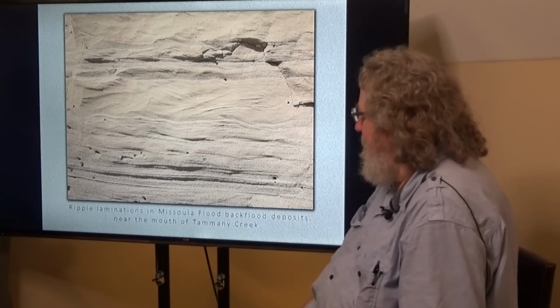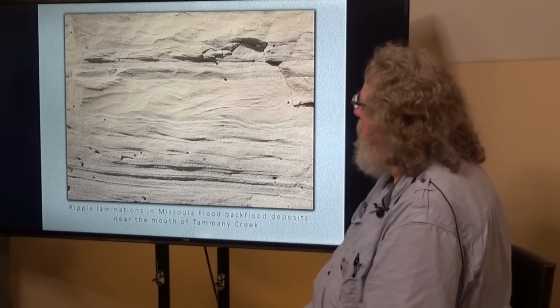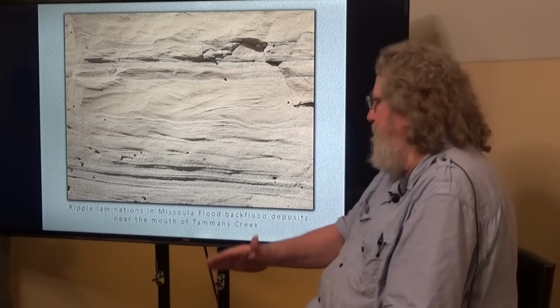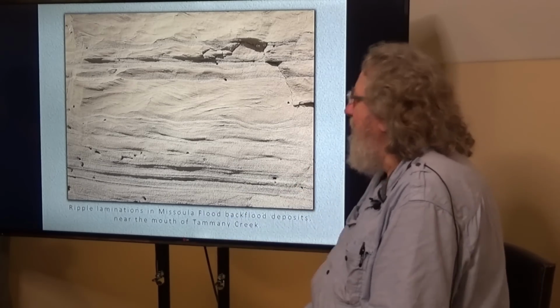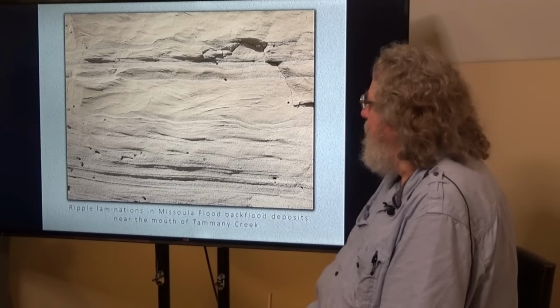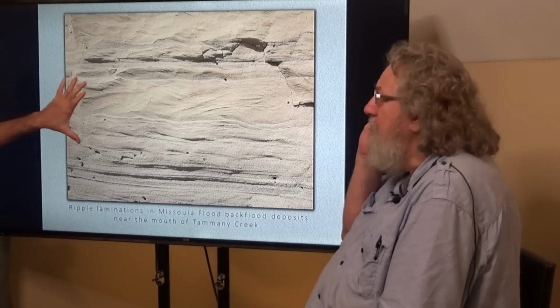And we see all of this, some very fine ripple laminations in here that show us this area where the Missoula flood backwash basically stopped, reversed direction, and flowed back out. And we're actually missing our scale indicator here, so this is probably only 5 inches, 6 inches.